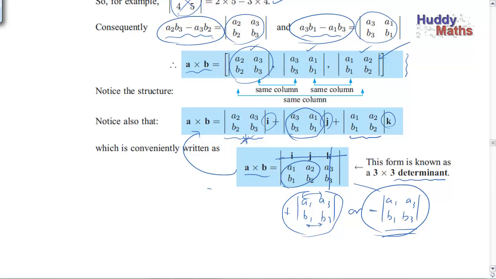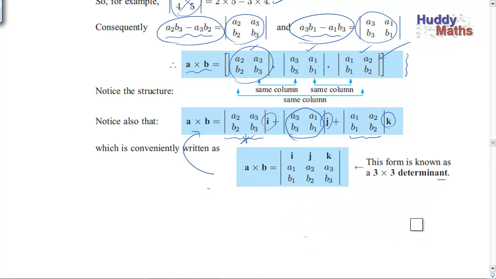So the components there that we're using, that arrangement is best summarized by the vector. So let's scrub that out and summarize what we've just done there. If you want the cross product, put i, j, k across the top of a 3 by 3, then the two vectors a1, a2, a3, b1, b2, b3.